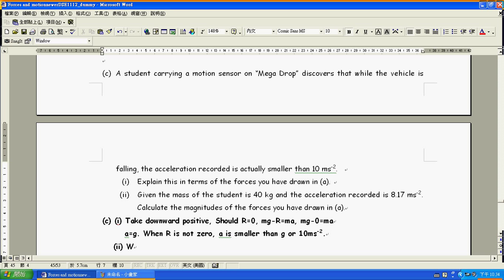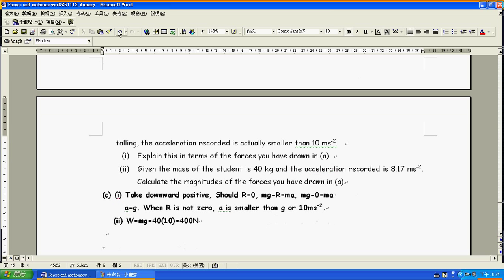So the weight W equals mg, which is 40 times 10, which is 400 newtons, and we have 400 minus R equals 40 times 8.17.